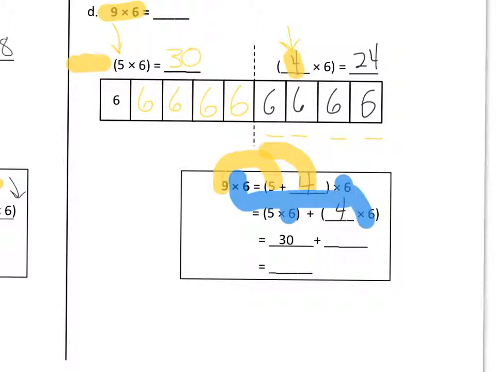But our 5 and 4 keep following. Remember, you can come back to this when you're working on the homework and you get stuck. Don't be afraid to come back and watch this again, or watch part of it. 30 was right here from 5 times 6. 4 times 6 equals 24. 30 plus 24 is 54.